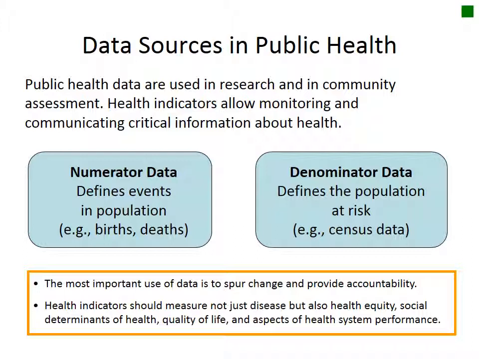So in the next few slides, we're going to look at what are some defining events in the population, such as births or deaths, and this would be in the numerator, for example, and then in the denominator would be, for example, the population at risk, right? And we would get this data through data.